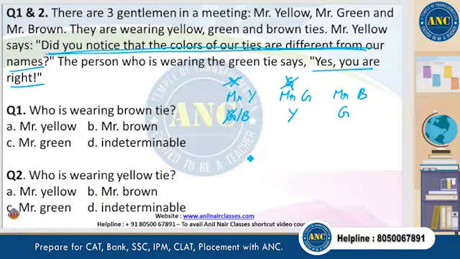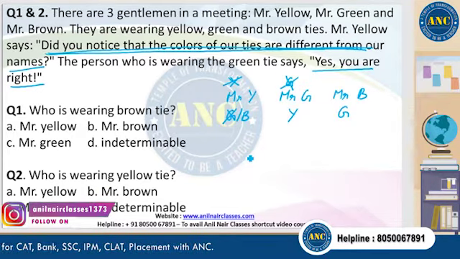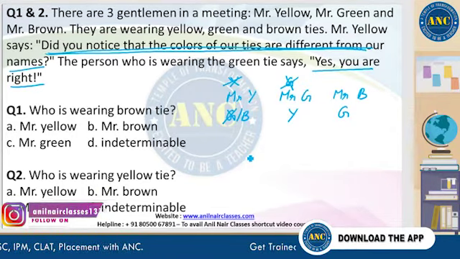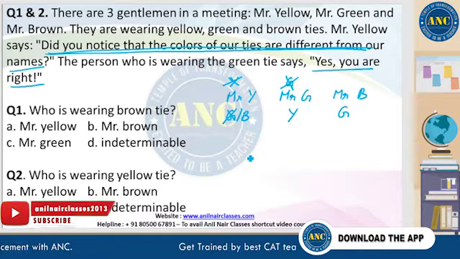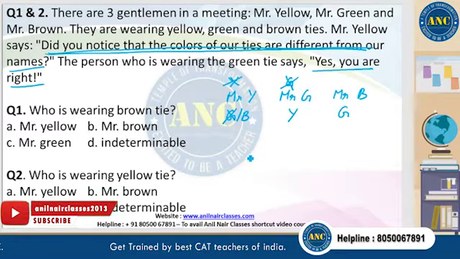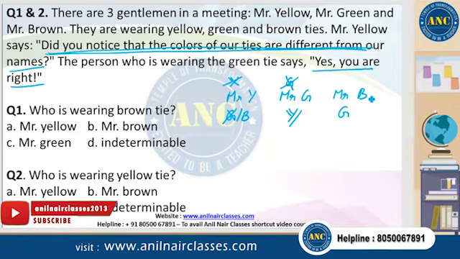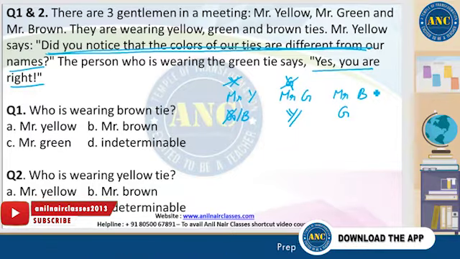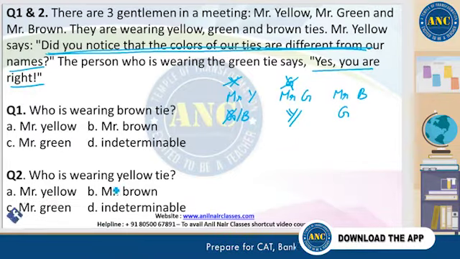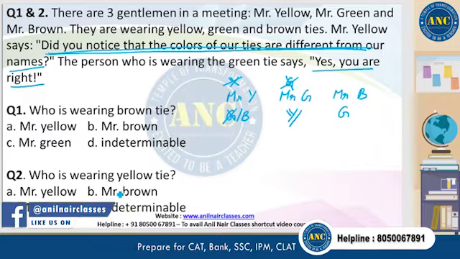So Mr. Brown must be wearing a green color tie, and automatically that means Mr. Yellow must be wearing the brown color tie, and Mr. Green is whatever leftover color, that is the yellow color tie, right? Who's wearing the brown colored tie?